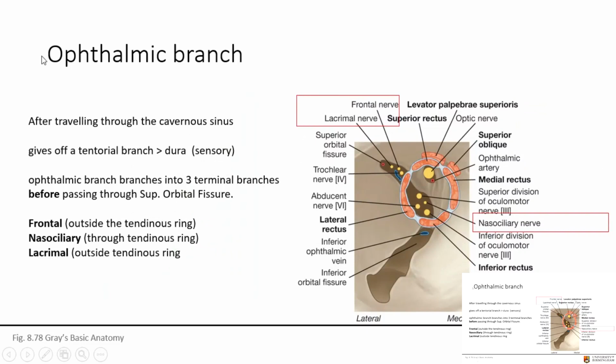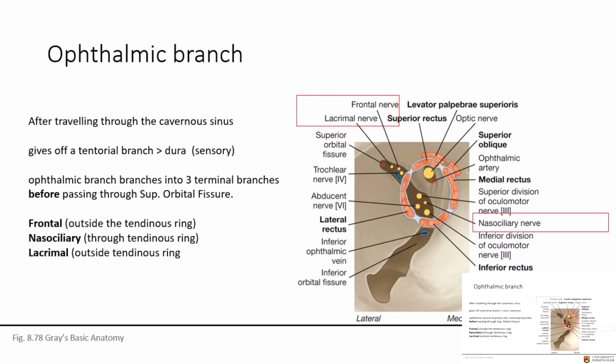Then the ophthalmic division will be split into 3 branches just before it enters the superior orbital fissure. Here we have a view of the superior orbital fissure, and this is the tendinous ring where we can see the extraocular muscles of the eye.